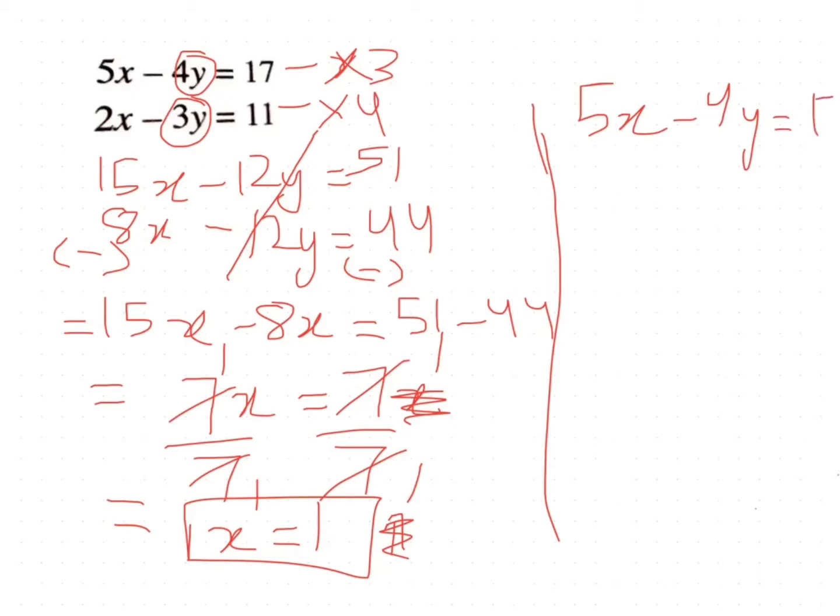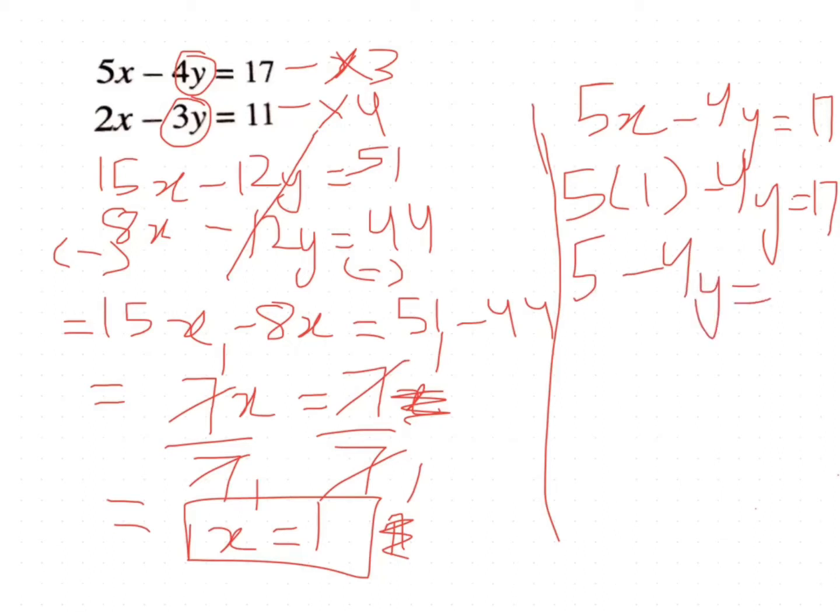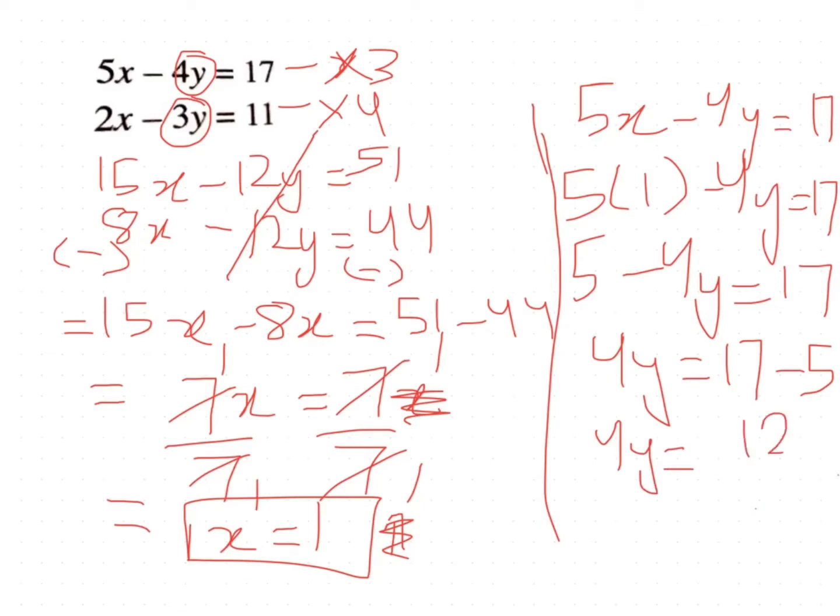Put the value of x, 1: 5 minus 4y equals 17. So minus 4y equals 17 minus 5. 17 minus 5 would be 12, and here it would be 4. Let's simplify it.